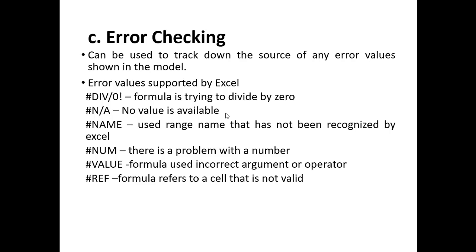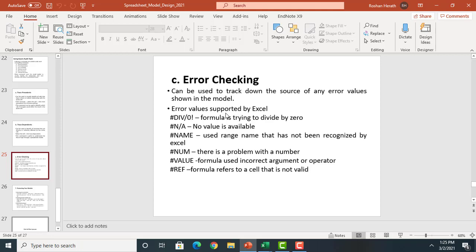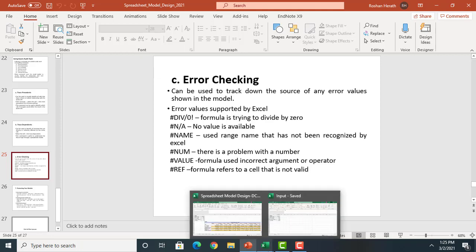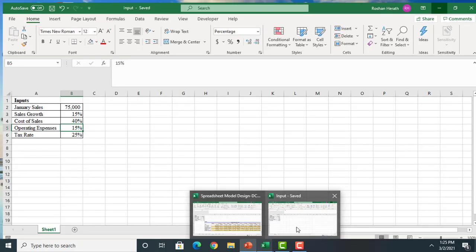And also the reference error. When it comes to reference error, the formula refers to a cell that is not valid. So the reference error comes, for example, if a referred cell has been accidentally deleted. So let's look at a few of these errors in the model we are developing.